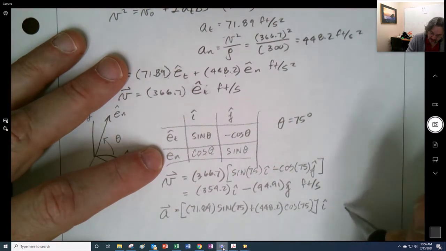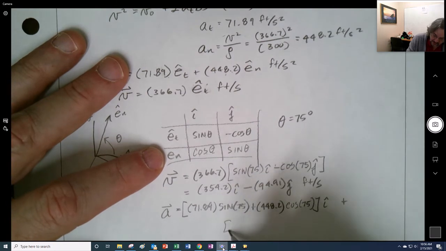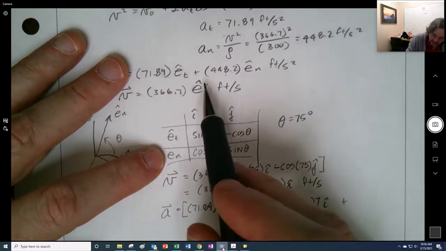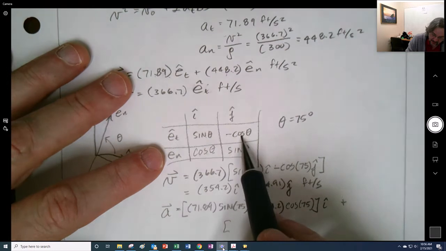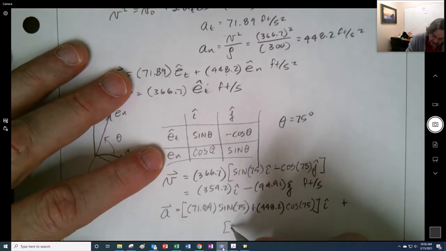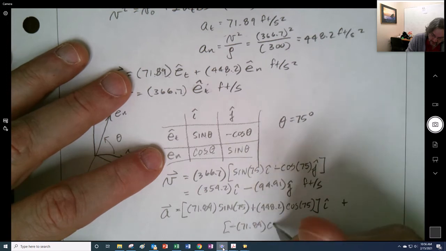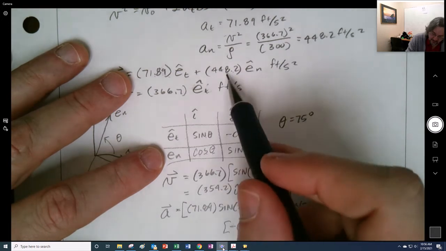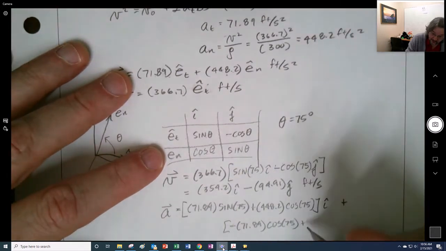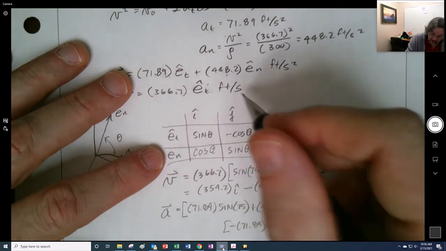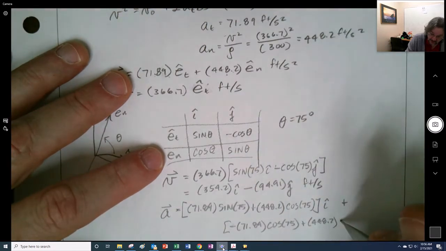That's going to be i, and then I'm going to carry this down, and then I take the 71.89, multiply it by the cosine, so it's going to be a negative 71.89 cosine of 75, and then take my 448.2 and multiply it by the sine of 75.